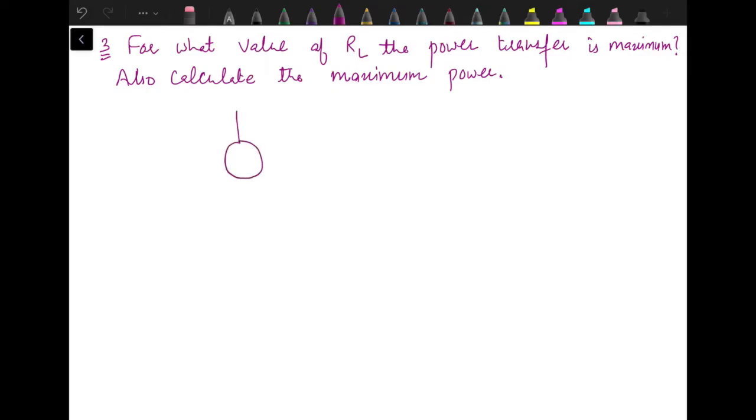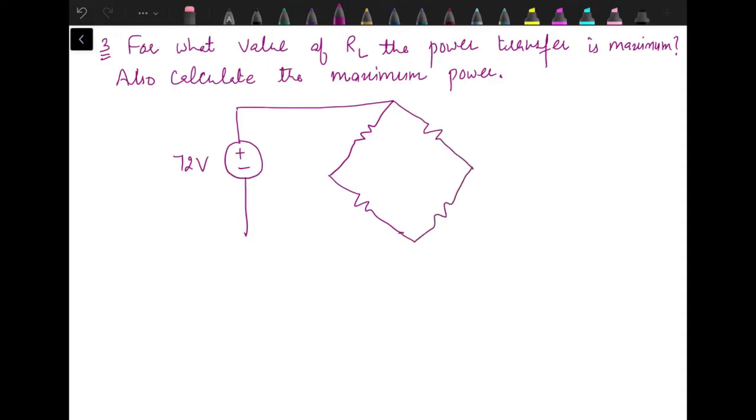Now the circuit is, and this is a circuit where this resistance is a load resistance, 6 ohm, 2 ohm, 4 ohm, 3 ohm.